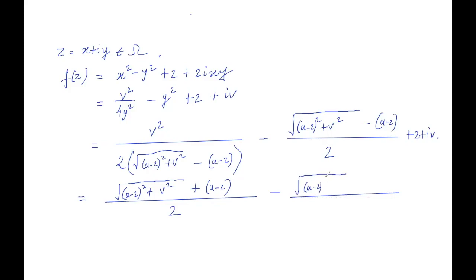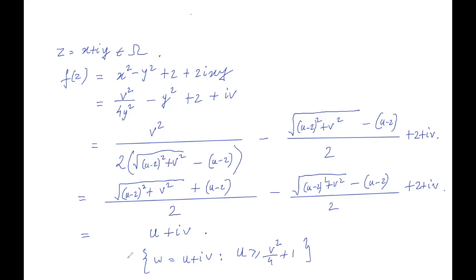So this is u minus 2 whole square plus v square minus u minus 2 by 2 plus 2 plus iv. And now if you simply add the first two, you will see that the 2 will get cancelled out, and a u will also come, so u plus iv. So here we have proved that the set w is equal to u plus iv, where u is greater than or equal to v square by 4 plus 1, is a subset of f omega.